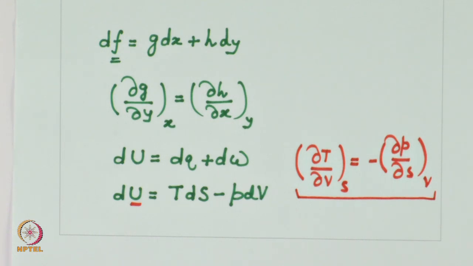Similarly, we can use some other state properties and derive other Maxwell relations. Now, what are the other state properties? The other state properties we can think of are G, H, and one more state property that we can think of is Helmholtz free energy.